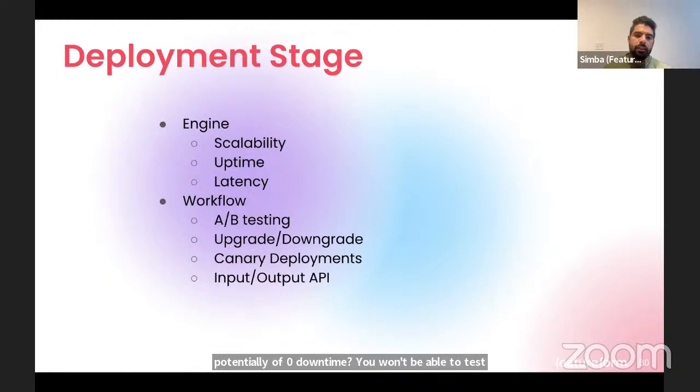There are ideas like canary deployments, where you deploy just to a small subset of users first, and you monitor what happens, evaluate what the model is doing, and then decide, maybe in an automated way, what to do from there. So the A/B testing, the upgrade, downgrade, the canary deployments, keeping track of even what's deployed, how it's performing, all that becomes part of the workflow stage.